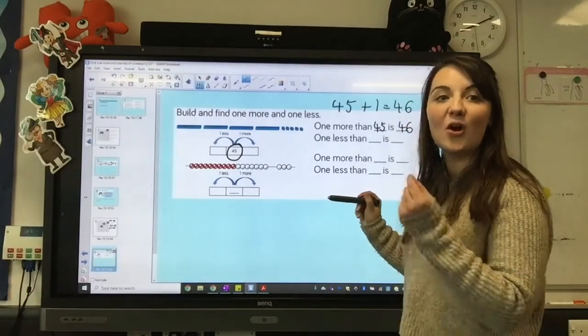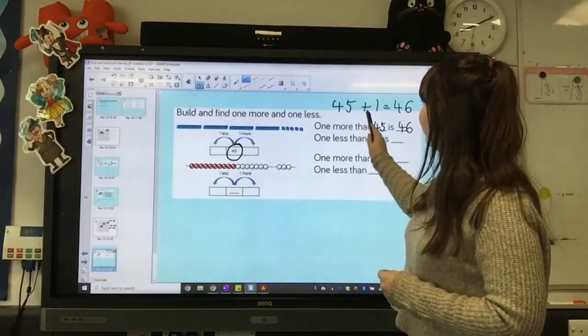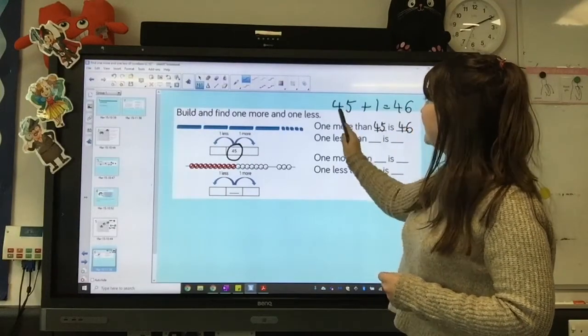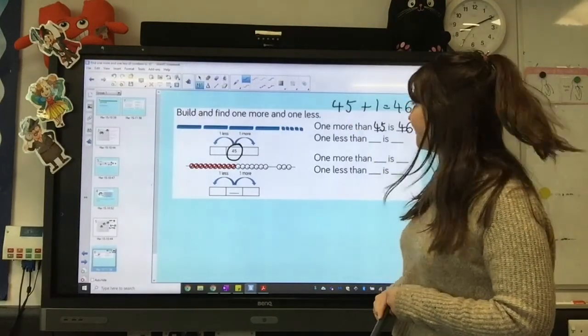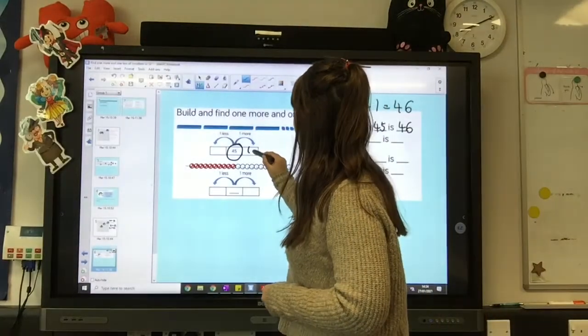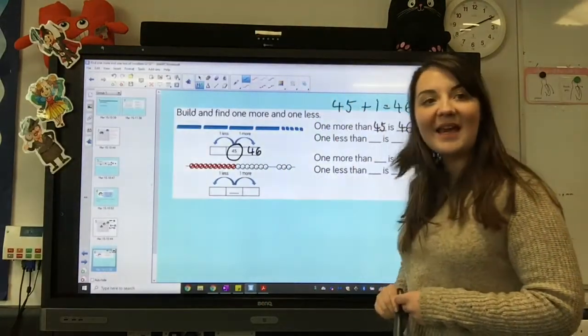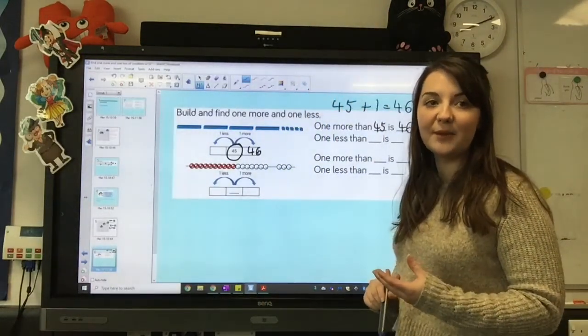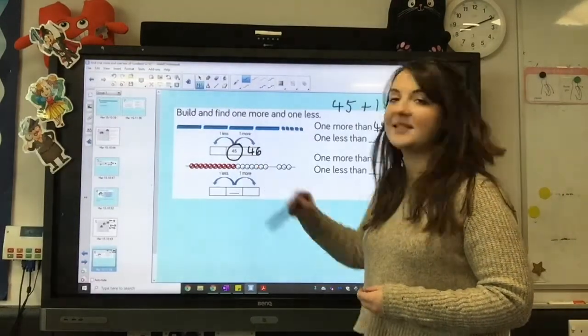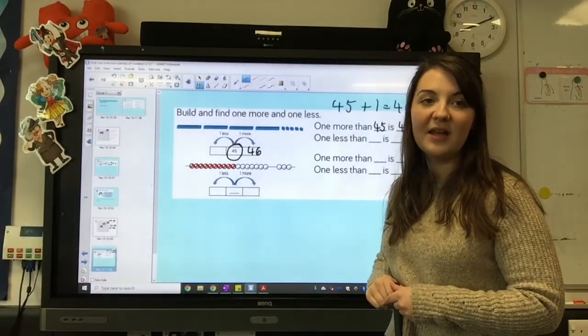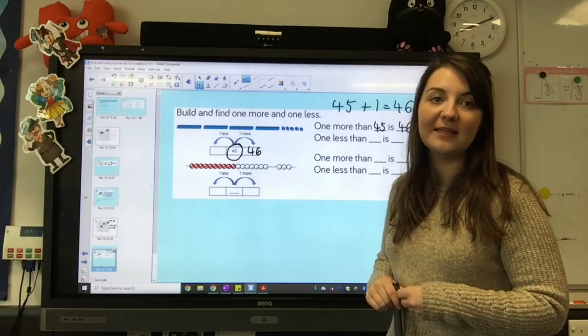We're adding onto our ones column. 5 add 1 equals 6. Our tens stay the same. Now I'd like you to use your 50 square to find one less than 45 and write your subtraction number sentence this time.